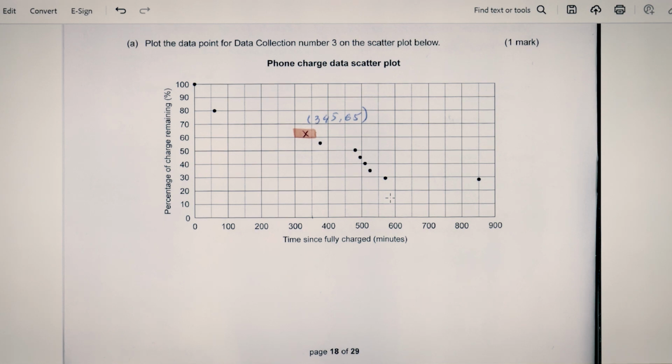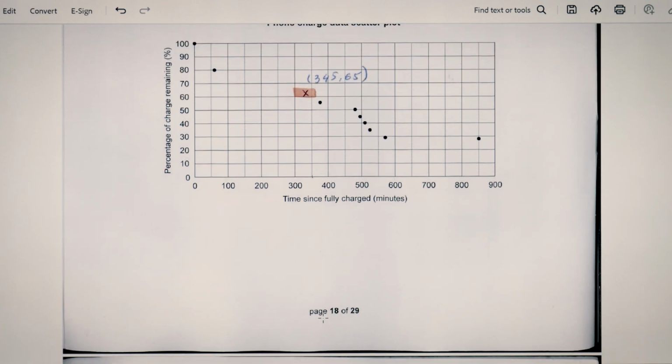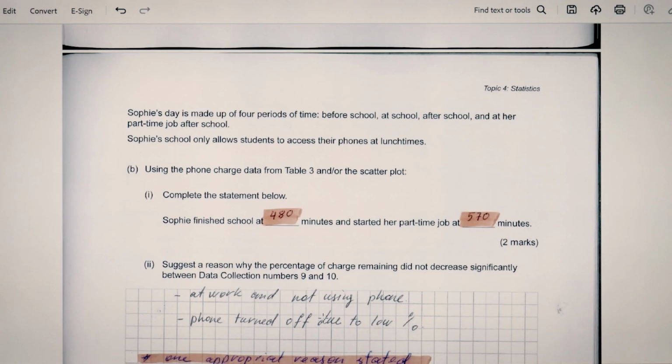I didn't see that, but of course, they did extra work to do that, so it's all good. In general, we are looking at this period of time when Sophie is using her phone. If they convert that to seconds, they can do that. It's up to them what they want to do, but it's all good.